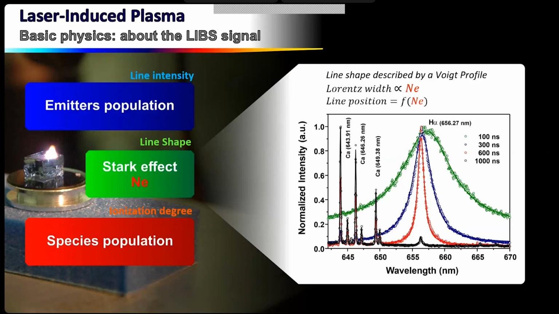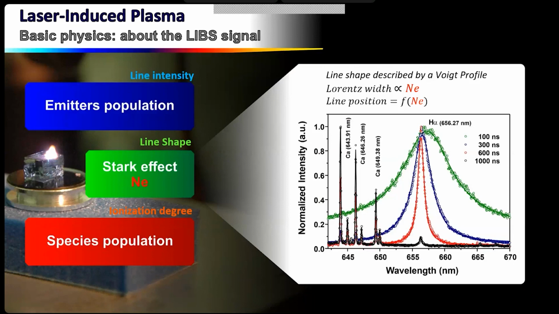So I just show here an example. This is a spectrum, a very old spectrum, that was recorded on a potato. And you have the hydrogen line, H alpha, at different detection delays. At very short delay, you have a very strong electron density, while at long delay, you have a smaller electron density.